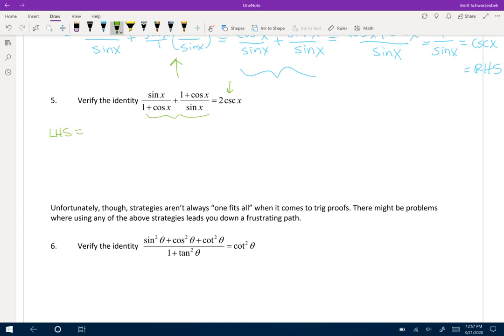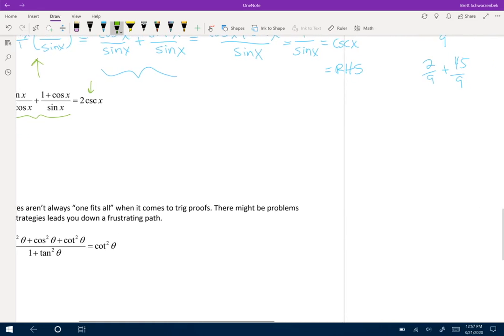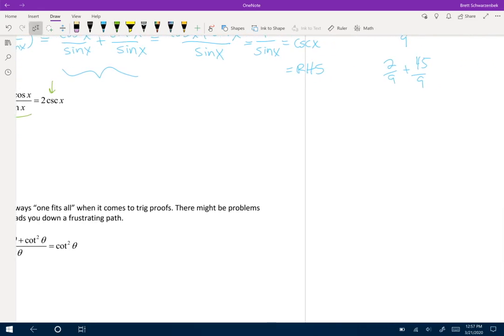If you look at these denominators, 1 plus cosine and sine, they basically have nothing in common multiple-wise. It's the equivalent of doing something like 1/6 plus 4/7. 6 and 7 have no multiples in common, so to get their LCD we multiply them to get 42.